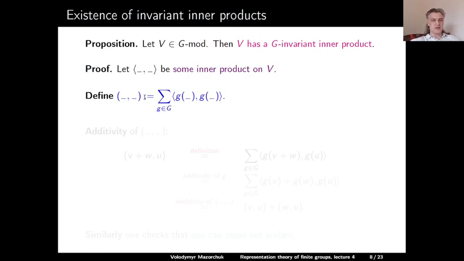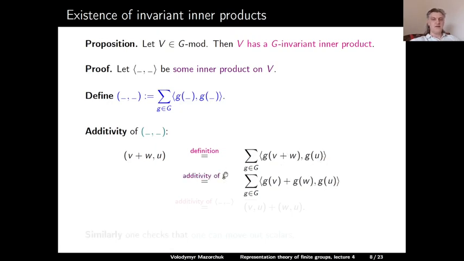So let us check all axioms. First of all, the additivity of the new inner product with respect to the left variable. If we take the new inner product of v plus w and u, using the definition, we can write it as a sum over all g in G of the old inner product of g of v plus w and g of u. Using the additivity of the action of G, we can rewrite the first variable as g of v plus g of w.